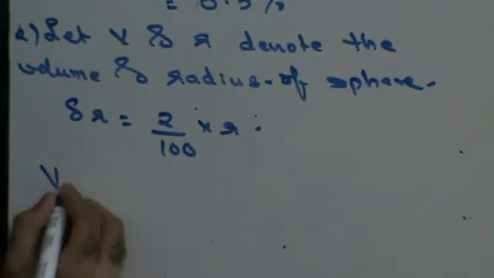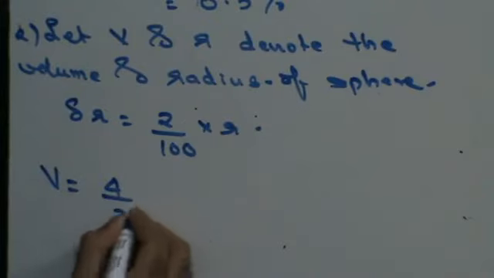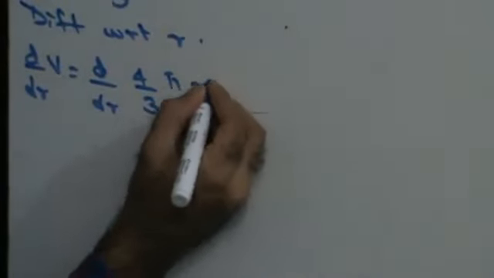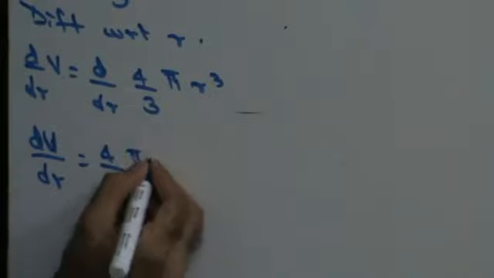Now, volume of a sphere we know is given by the formula 4 by 3 pi r cube, right? Differentiate with respect to r. So dV by dr is 4 by 3 pi, r cube differentiates to 3r square.